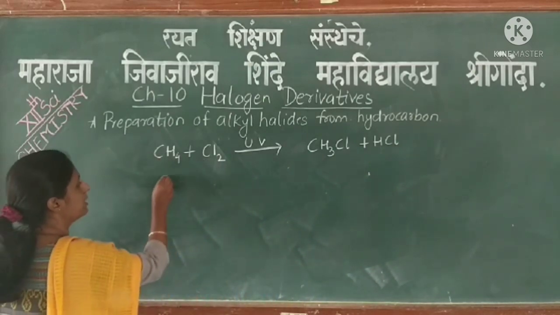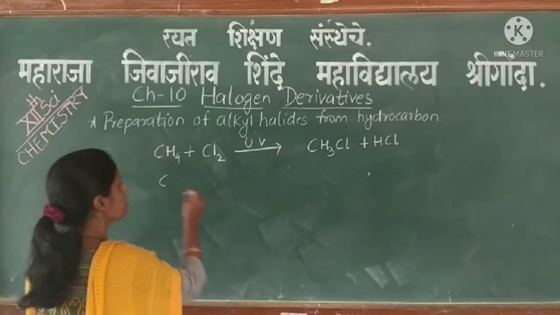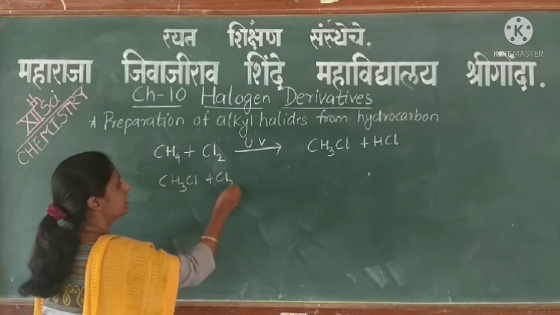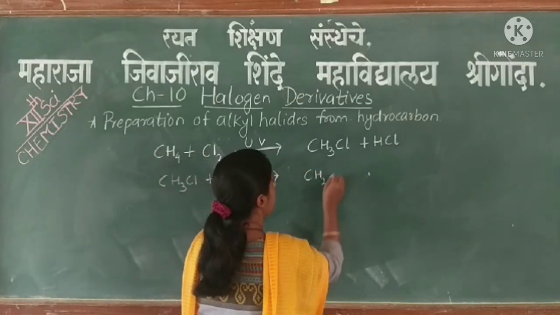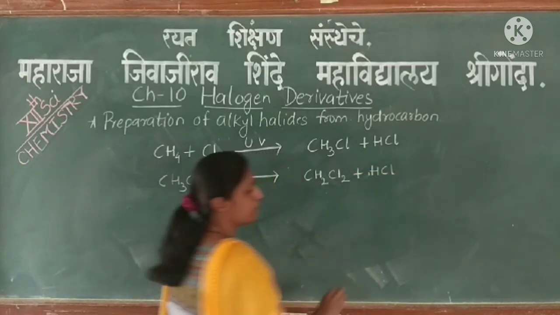Now if the reaction does not stop at this stage, this chloromethane further reacts with chlorine to give you dichloromethane and HCl.